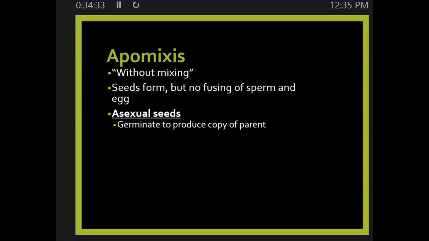Now this has got a lot of plant biologists really excited because it's this idea that if you find the perfect plant and you could get it to do this apomixis, think of all the seeds you get from that. And then you could have that plant over and over and over, the perfect plant. So they're very, very interested in this. There's a lot of research trying to better understand this.